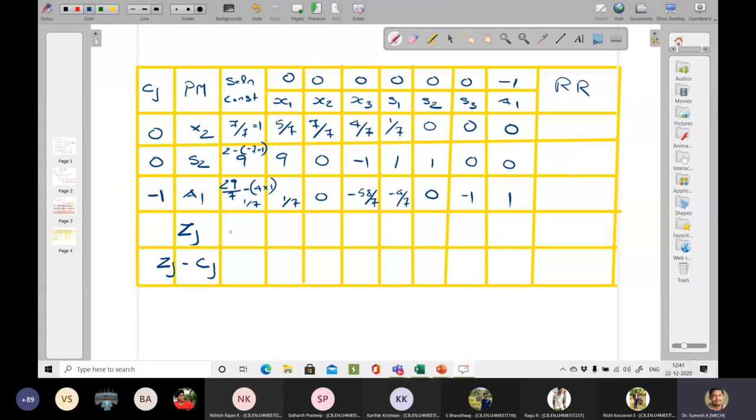Zj minus Cj is minus 1 by 7, 0, 58 by 7, 4 by 7, 0, 1, 0.